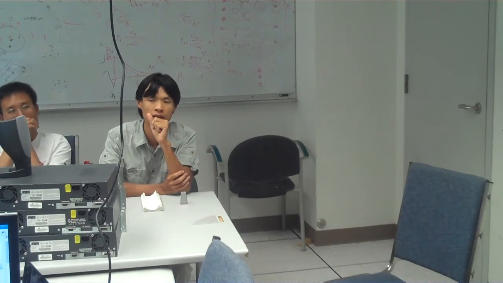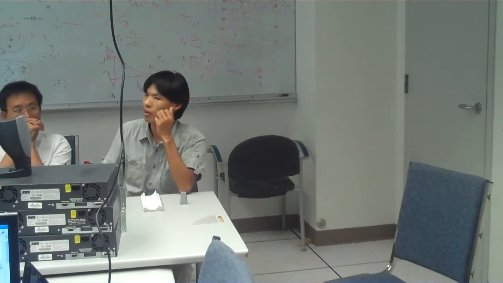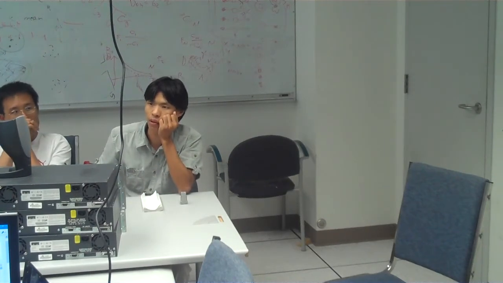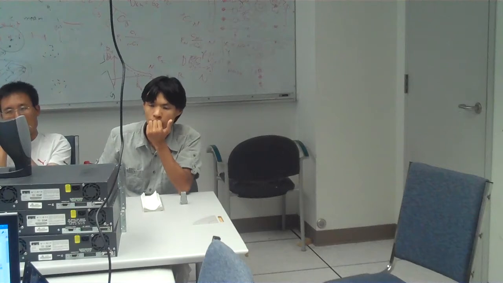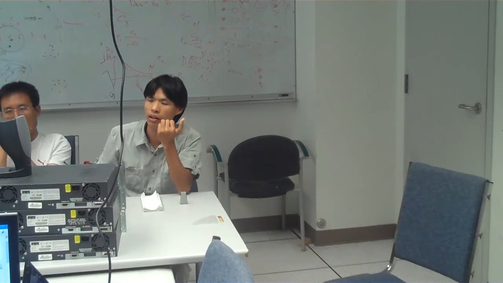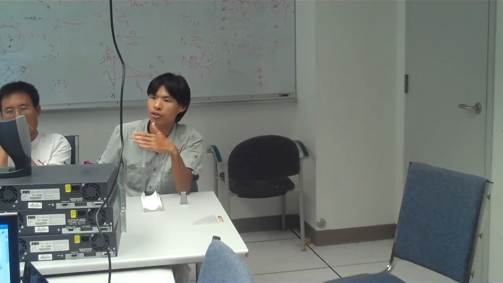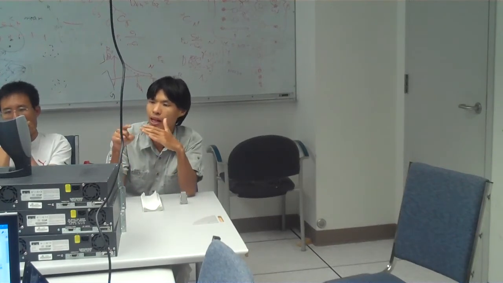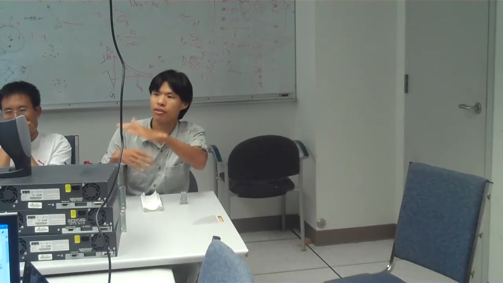But how would you calculate the angle? I think one possible way is, after you get the point, if you have an edge detector for the image, then you can just get the edge.